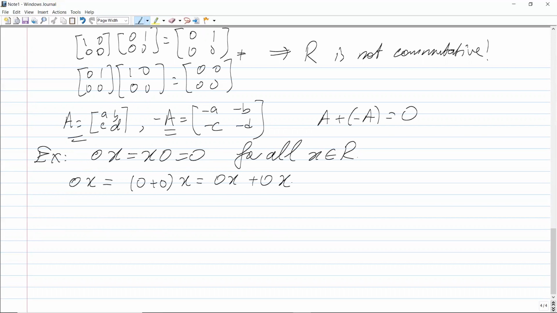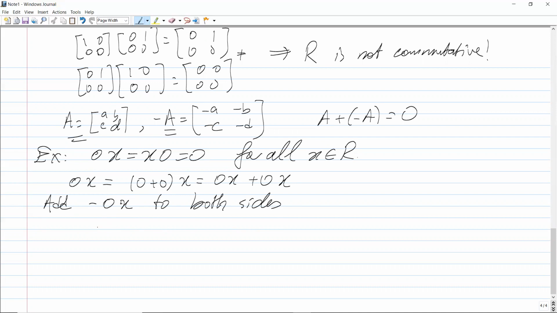And now every element has an additive inverse, so add minus (0 times x) to both sides.